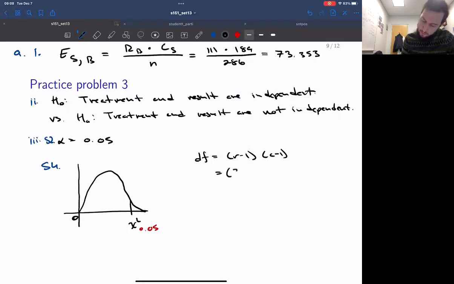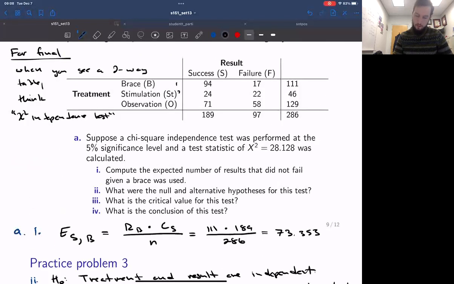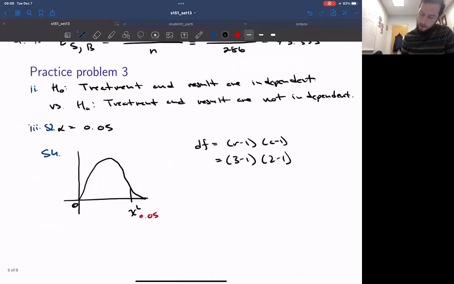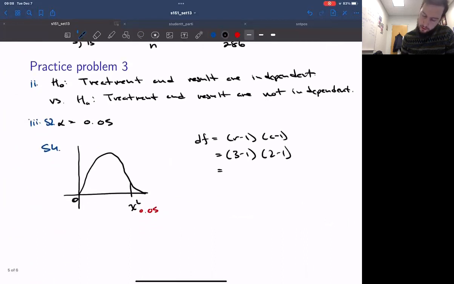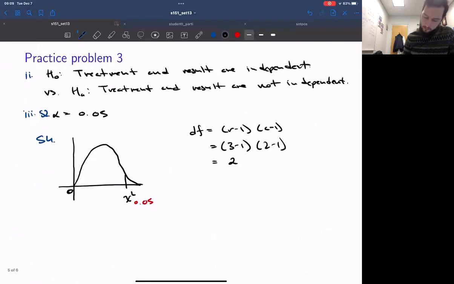We have 3 rows and 2 columns. So we have 3 minus 1 times 2 minus 1, which is 2 times 1, which is 2. So the critical value is chi-square 0.05 with 2 degrees of freedom.